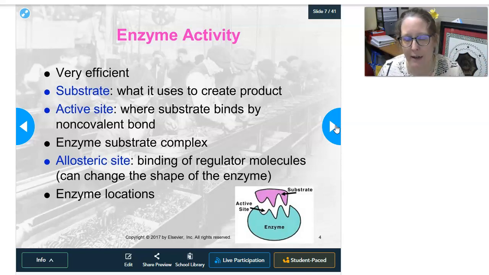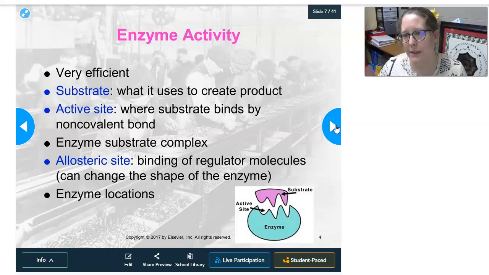When the enzyme binds the substrate, it makes what we call the enzyme substrate complex, and then the reaction happens. The allosteric site is a binding site that's away from the active site, somewhere else on the protein. Regulator molecules can bind in those allosteric sites.